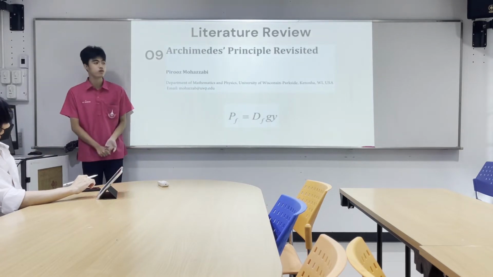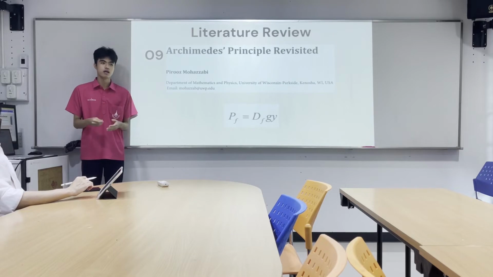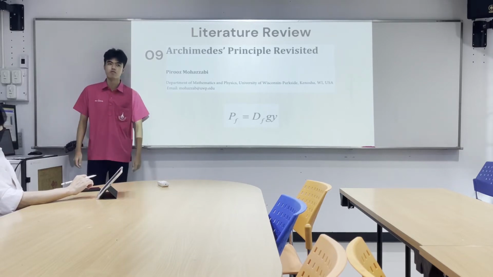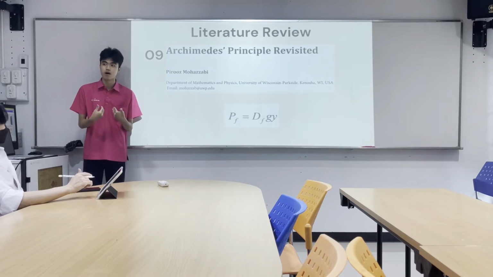And number 9 is we use Archimedes' principle. Basically, Archimedes' principle has been known for a very long time. Once upon a time the king decided to take a bath, and then he observed that the volume of the water out from the bath is equal to the volume of himself.